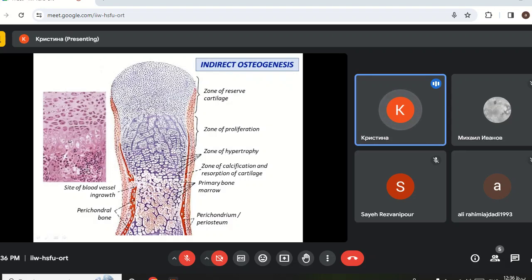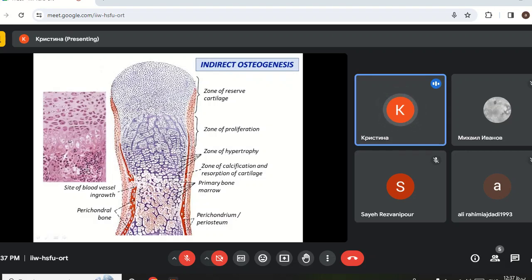Next, we can see here that the extracellular matrix gradually becomes darker, basophilic. This is the sign of the calcification of the extracellular matrix of the cartilage. And next goes the zone of resorption of cartilage.